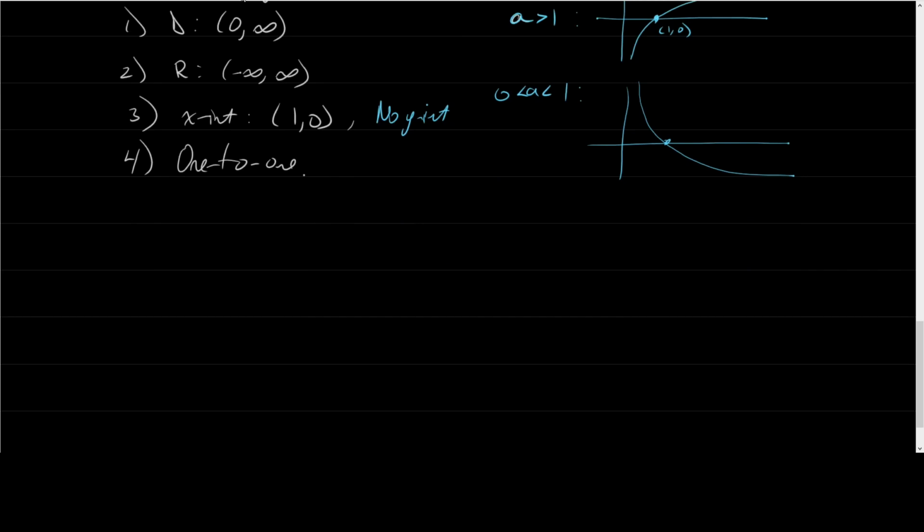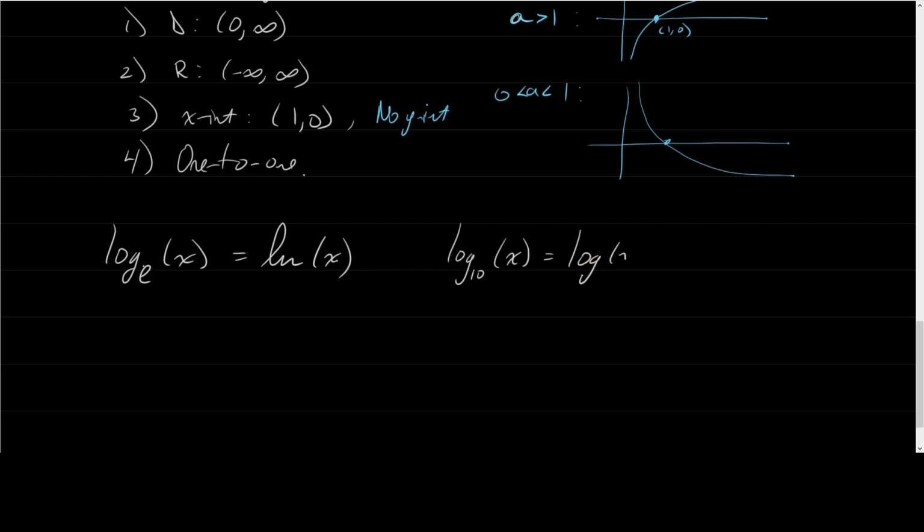Now, we can have log base e, and log base e is just ln of x. Similarly, we can have log base 10, and log base 10 is just log of x. This is just notation, and we use it to mean the natural log and the common log.